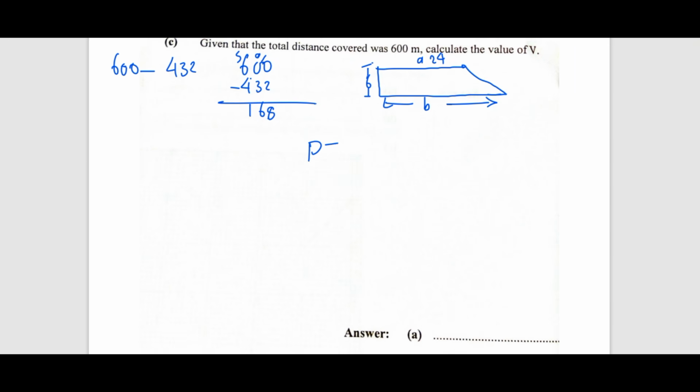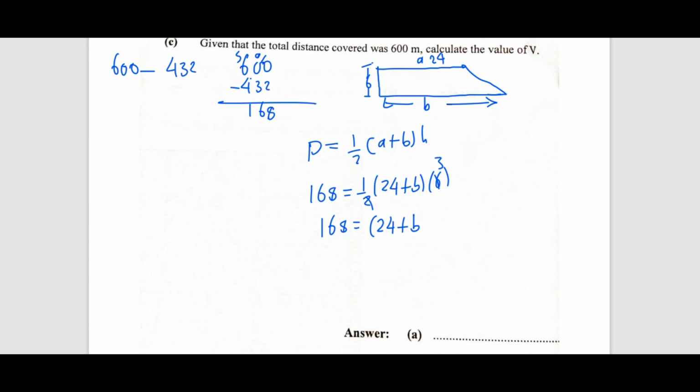So distance is equal to half A plus B H. So the distance we have is 168. Half A we have is 24 plus b is what we are solving, then h is 6. So 168 is equal to, here is 1, 2, here is 3. So we have 24 plus b.